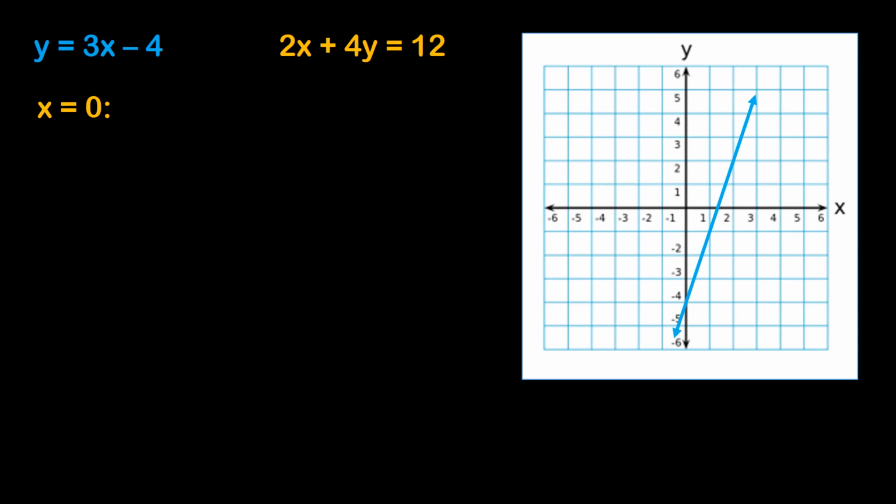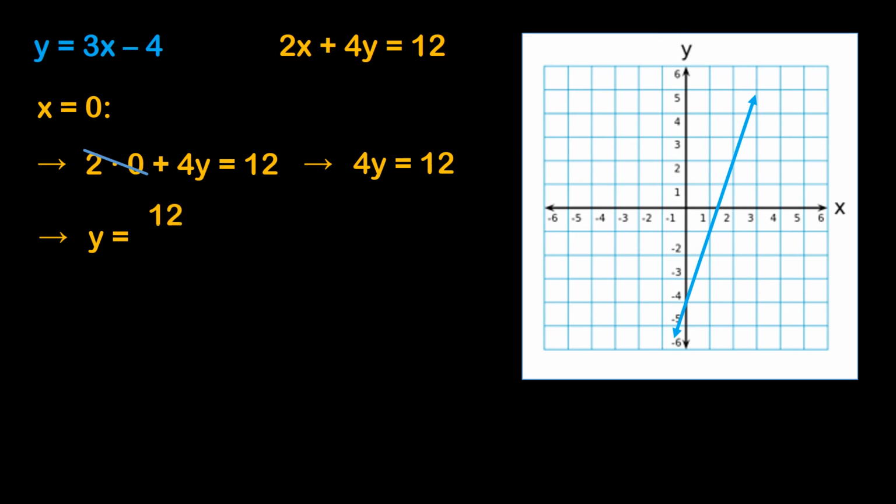That gives me 2 times 0 plus 4y is 12. 2 times 0 is 0, so that cancels out, and we're left with 4y is equal to 12. We divide both sides by 4 to get y is equal to 12 divided by 4, which is 3. That tells us that the y-intercept is 3, so we can plot that point.